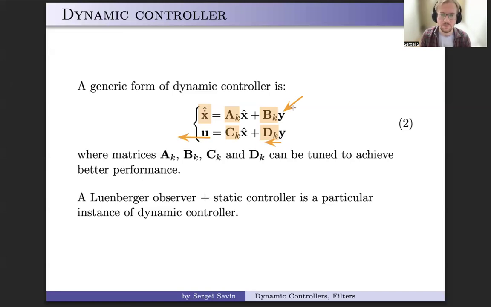All right. If you want to visualize it, you can think of it this way. We have input u, we have output y, right? And then what we have is a controller here with internal state.